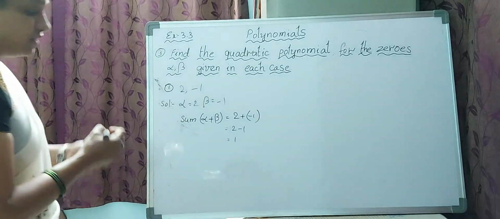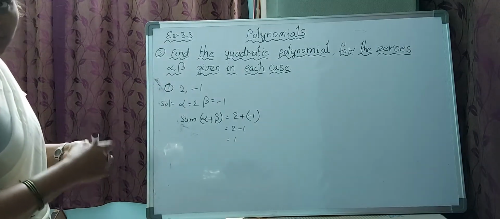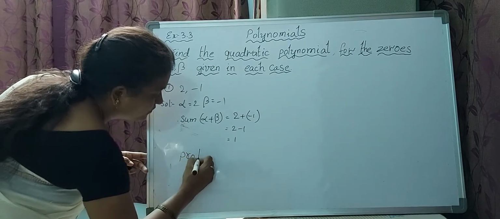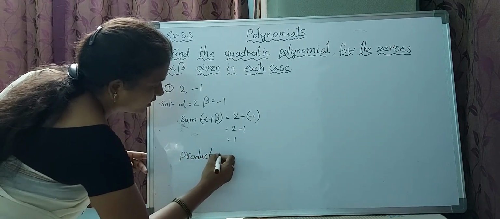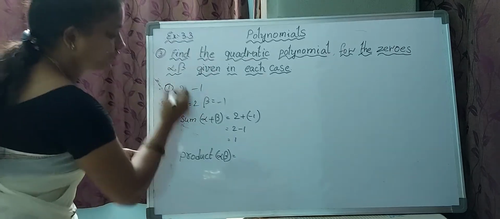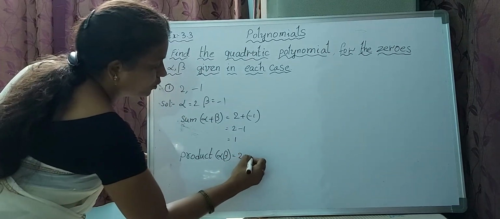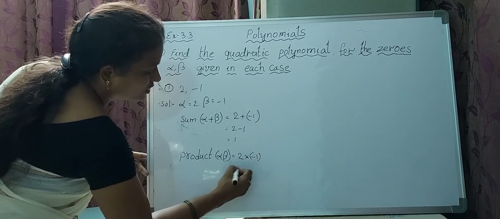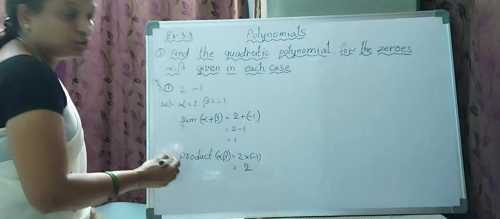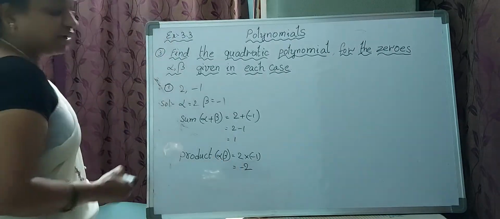So the sum of the zeros is 1. What is the product of the zeros? Alpha into beta is 2 into -1. 2 ones are 2, and minus into plus is minus, so -2.